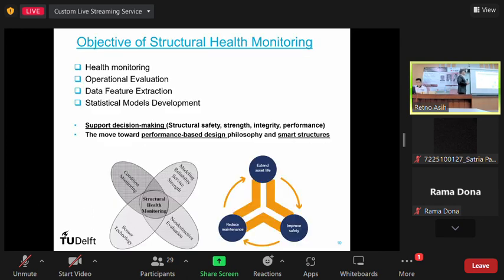So the objectives are health monitoring, operational evaluation, data extraction and analysis, and also the decision-making process at the end, which is done by algorithms such as statistical models. The support for decision-making on structural safety, strength, integrity, and performance is done using this process.